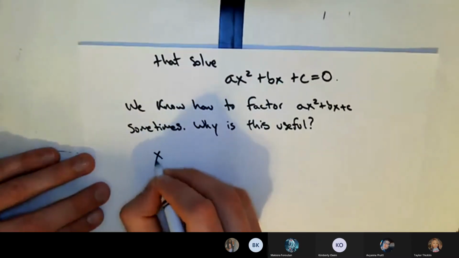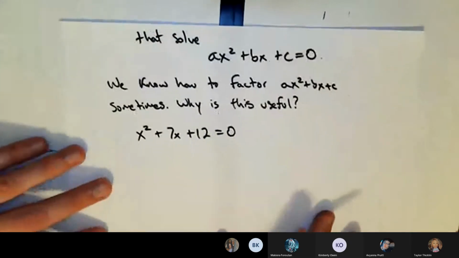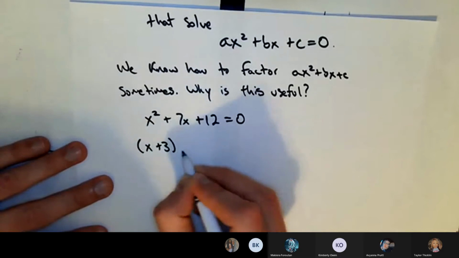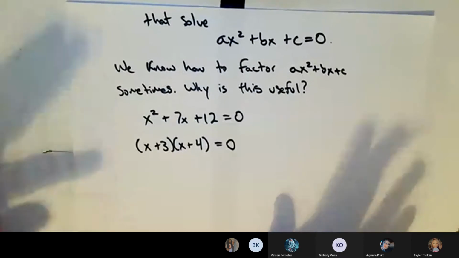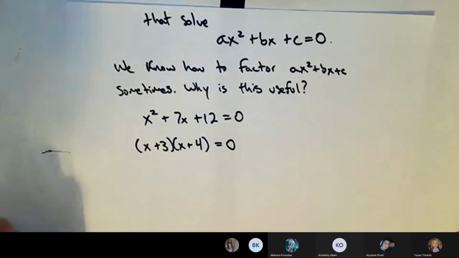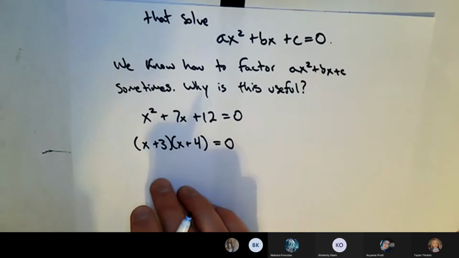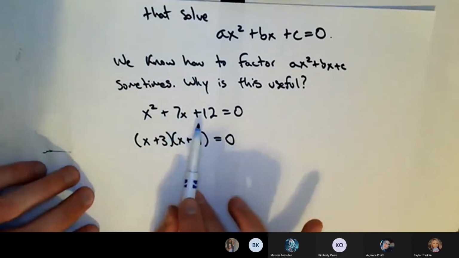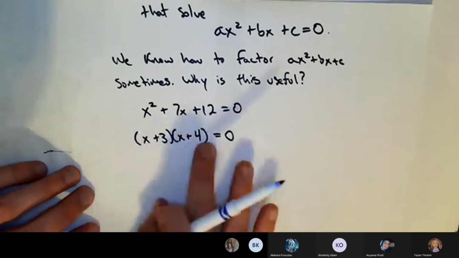consider this problem. Say we have, let's just start off with a real simple one. In fact, one that we've already dealt with. We can factor this left-hand side, we already know, into x plus 3 times x plus 4. Okay, so still, why is this useful? Note that when two things are being multiplied together, as they are here, so this went from a sum of stuff, like this plus this plus this, but now it's a product of these two things, this thing times this thing.